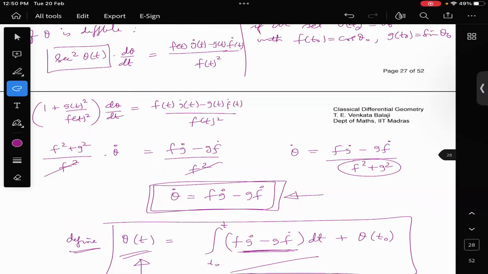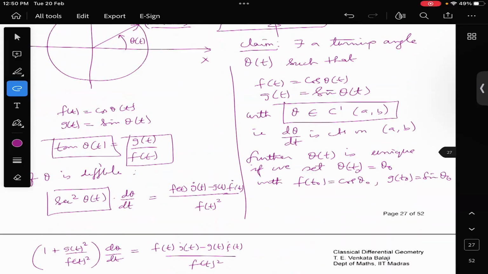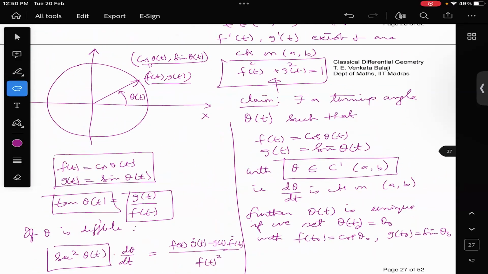Now there is a thing. What is the catch here? The catch is you have to show that if you define theta like this, it agrees with the geometric diagram. The way we got to this theta was from this formula for theta dot, and the starting point was f of t is cos theta t and g of t is sin theta t.